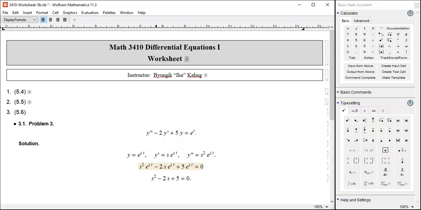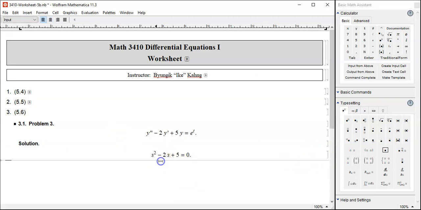We are looking for the homogeneous equation, so this is equal to 0, which means we can remove all these exponentials, and we get the characteristic equation like this. But of course, experienced students will go directly to the characteristic equation.